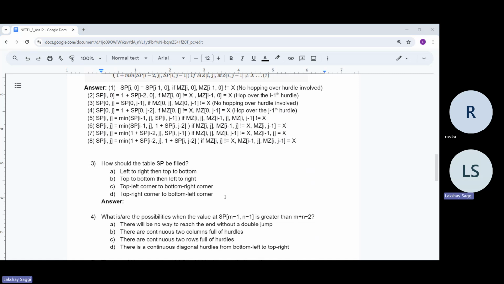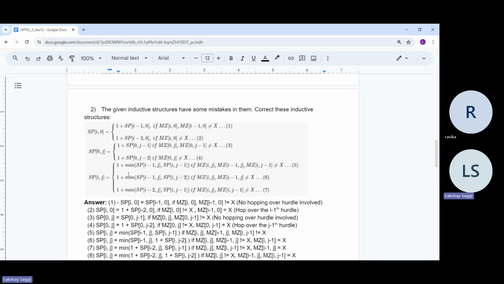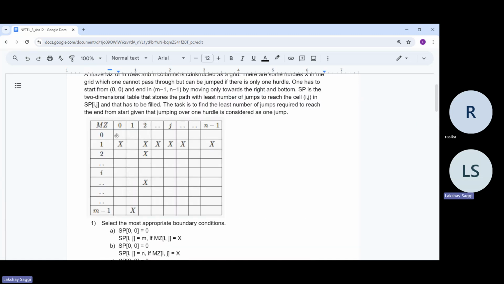Okay, so Rasika is saying C, and she's also saying that A and B also seem correct. So yeah, I think there is again a bit of language confusion in this option, but effectively, first I want you to see the diagram picture.